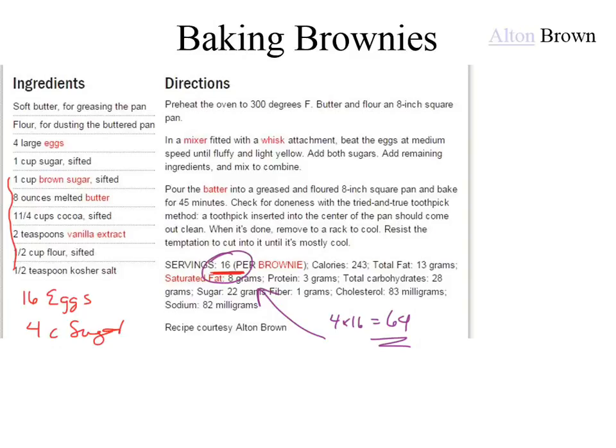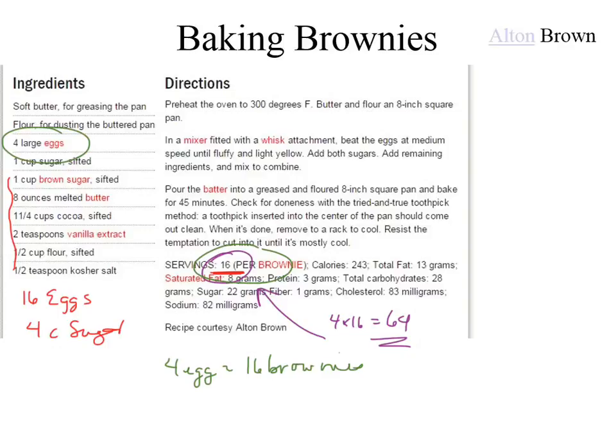Do you buy that, according to the recipe, we need 4 eggs for 16 brownies? 4 eggs will give me 16 brownies. Does that make sense? The brownies are like the product, and the eggs are like the reactant. Awesome.